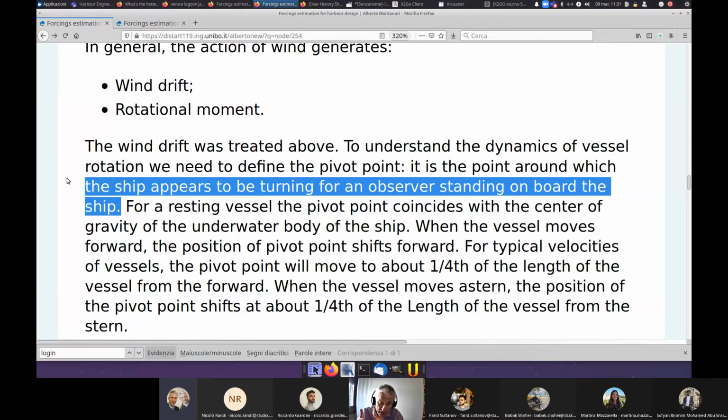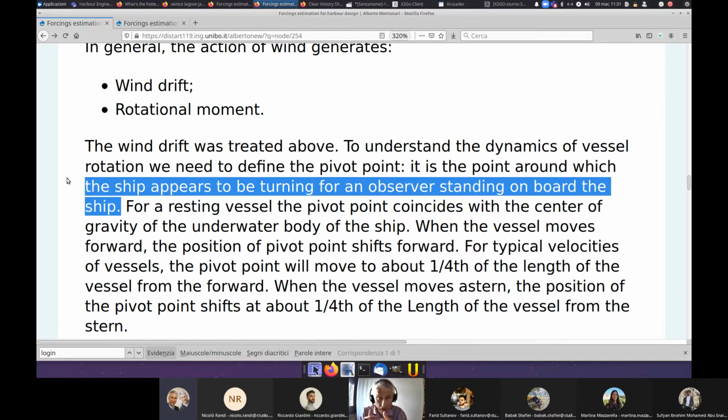So if you get the wind force centered on the part of the ship that is close to the stern, it's your intuition that the ship tends to rotate. And why? Because the wind force is eccentric, not passing through the rotation axis.